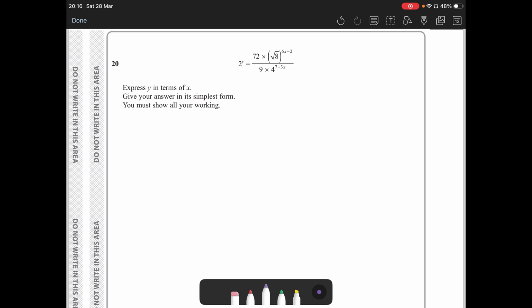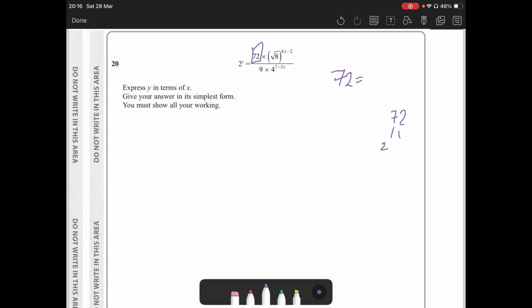Right, 2 to the power y. All of these numbers we can write as powers of 2, hopefully. So 72, that's the same as, now, this is not a power of 2 in its entirety, but it's going to be 3 lots. Let's just do prime factorization.